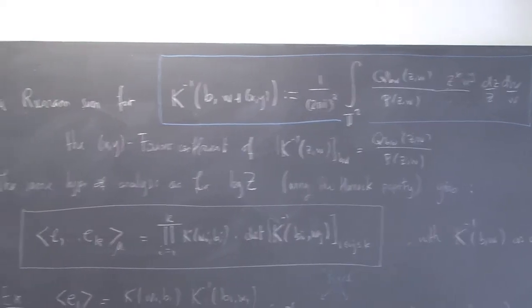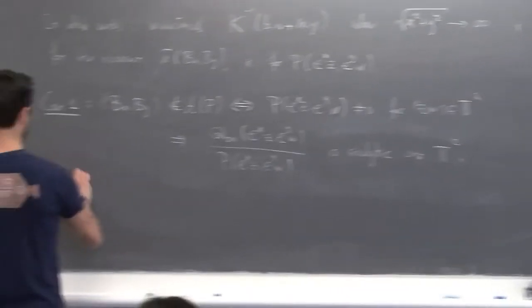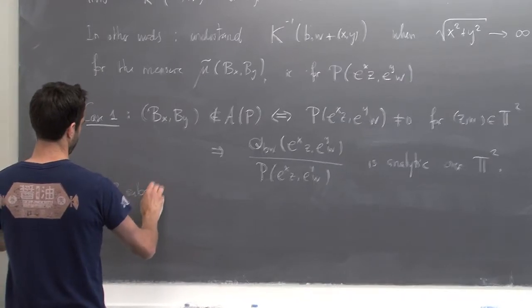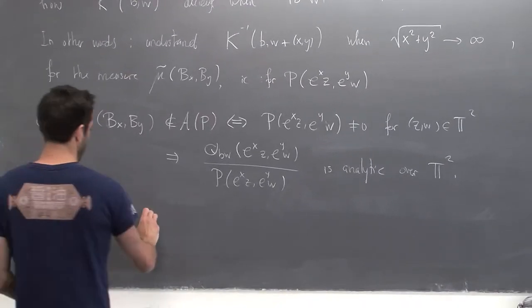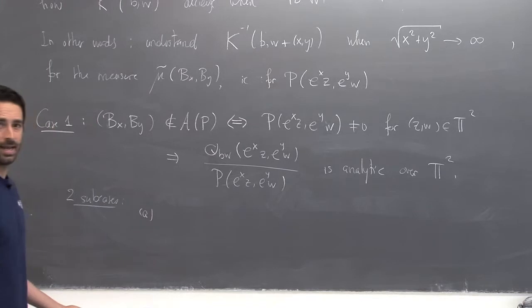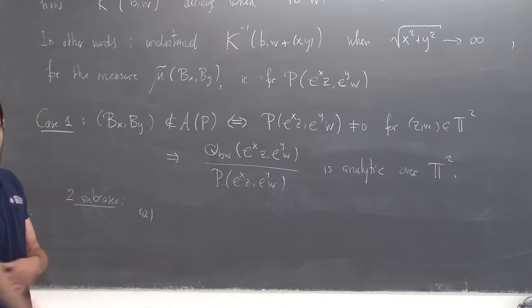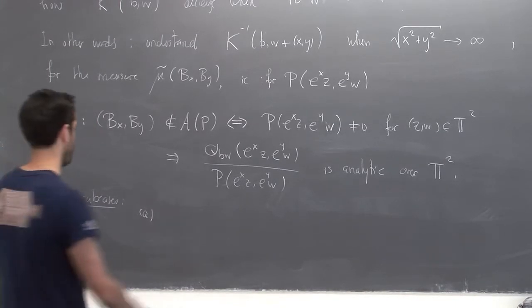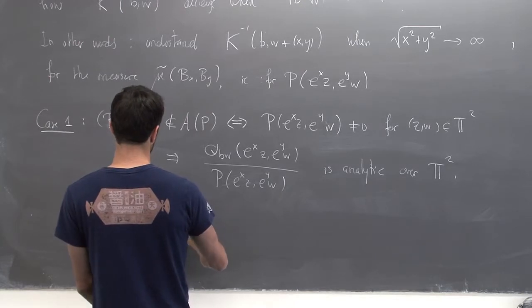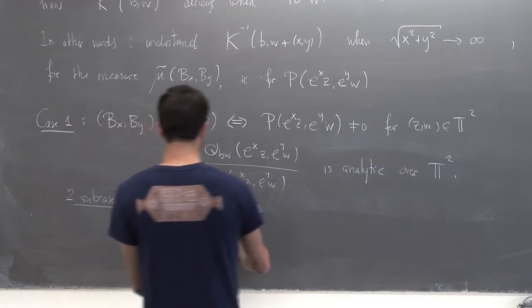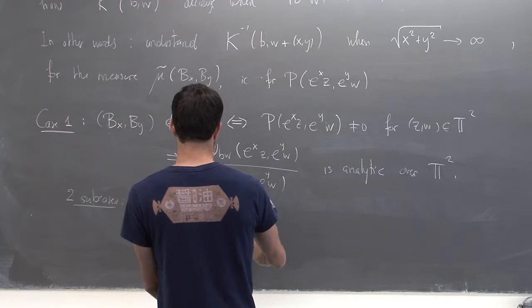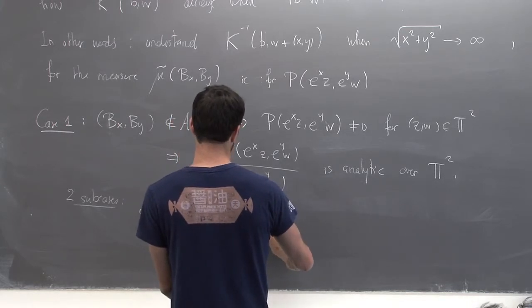But now you have two subcases. So subcase A, we lie in an unbounded component.